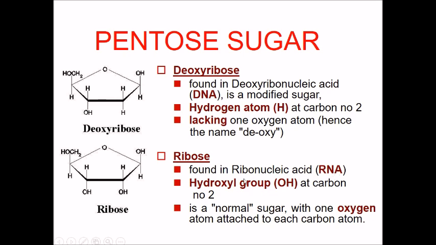That's why the name of the RNA is ribonucleic acid, because it contains ribose sugar, where the ribose sugar has an oxygen or the hydroxyl group attached to carbon number 2.